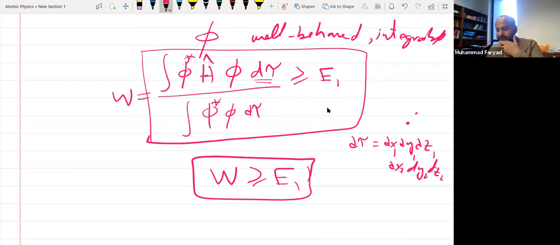So the beauty of this method is that there's no restriction on what phi should be, as long as it's a well-behaved integrable function, that it doesn't have discontinuities or infinities in it, and it decays to zero as we go towards infinity, so that its integration is finite. So you can choose any phi, and this term that we get is always greater than the ground state energy.